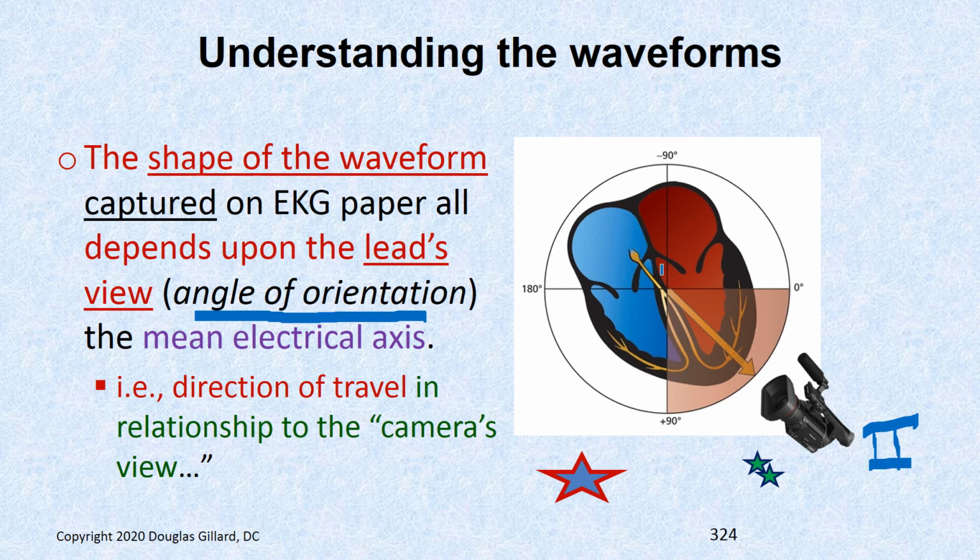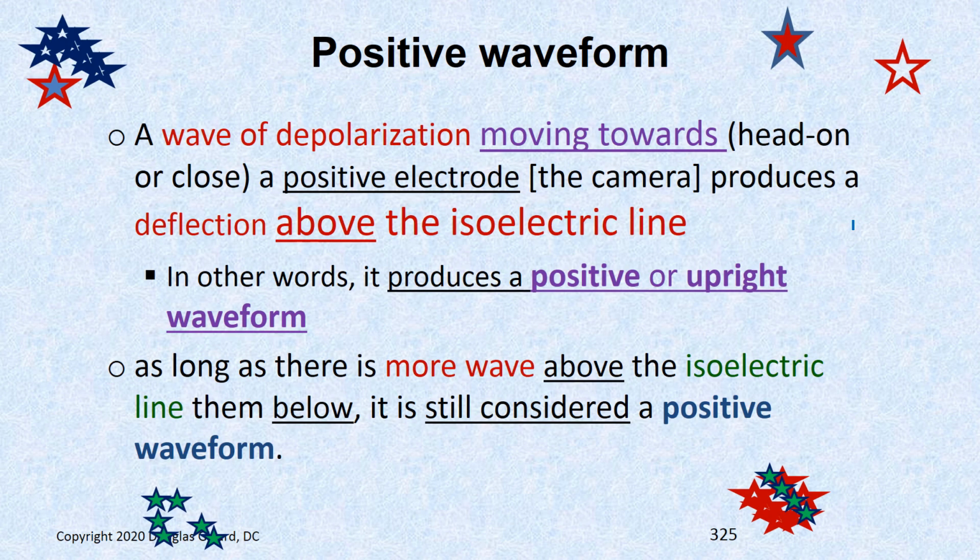So it's going to see, that's the only view it can see. It can't turn. So we have AVL over here looking, right? So that's its view of the heart. So they all have a different view, and therefore the wave shapes produced on EKG will all be a little bit different. Does that make sense?